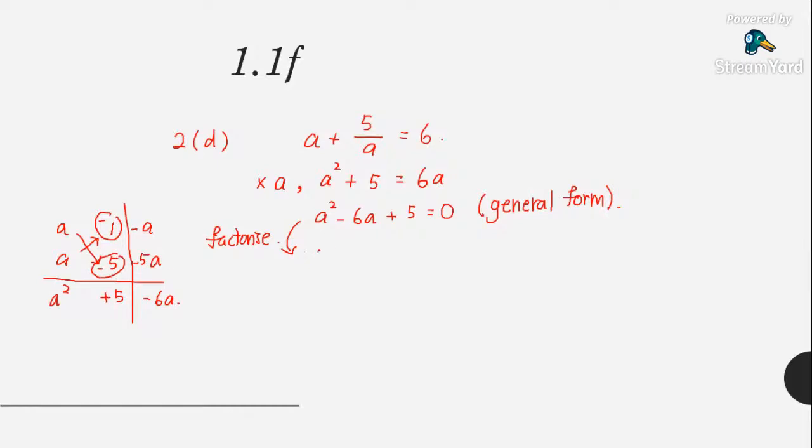So your factors here are A minus 1, A minus 5 equals to 0. Then only you solve it. A minus 1 equals to 0, A equals to 1, A minus 5 equals to 0, so A equals to 5. For all the questions that you are doing in this homework, make sure you show complete working like this.